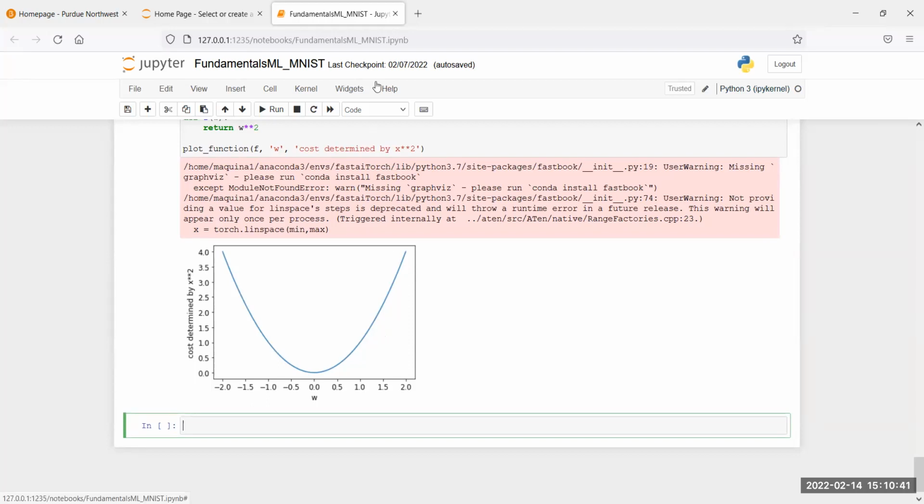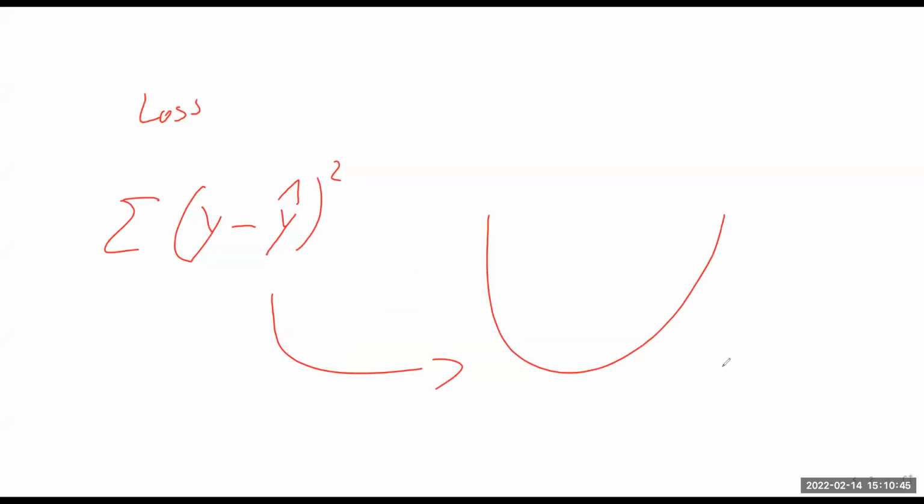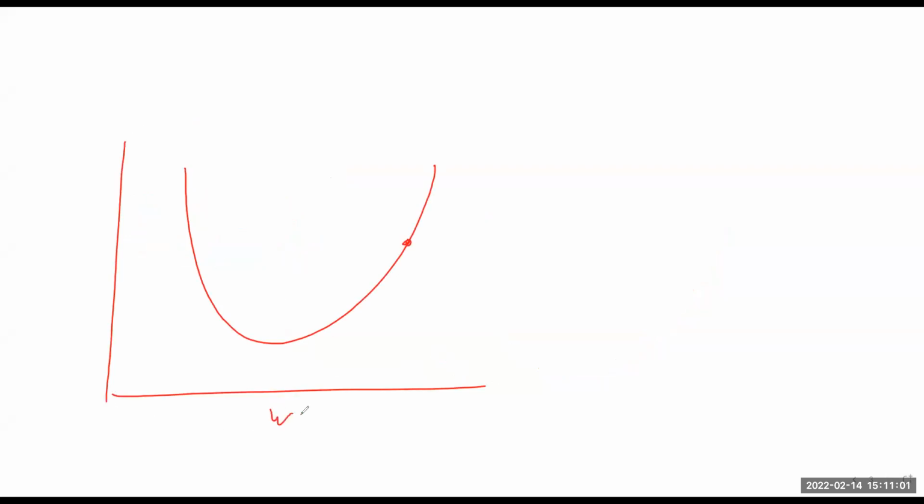So the way that you can think about it is like this. Intuitively, we can think of this as the following. We're here in the function. This is the parameter W. You're right here, right? And this is the cost.